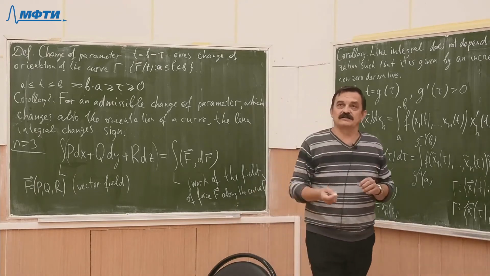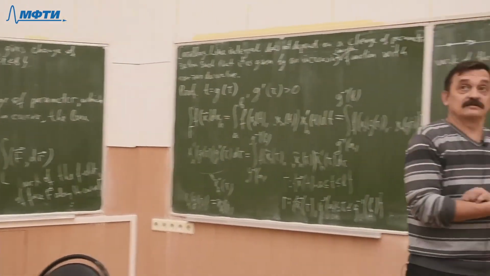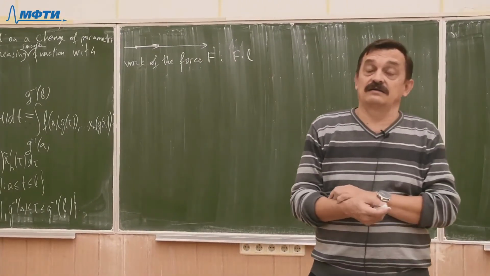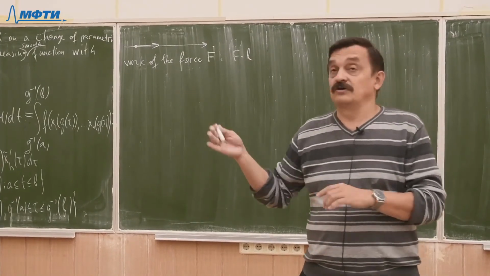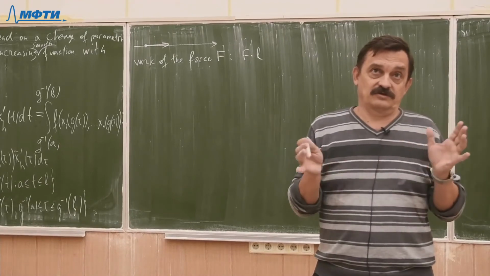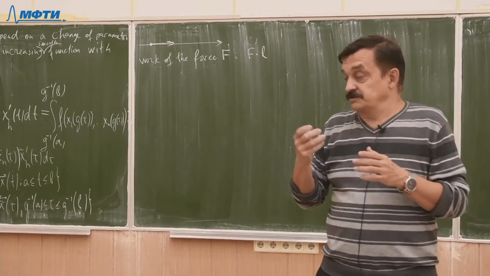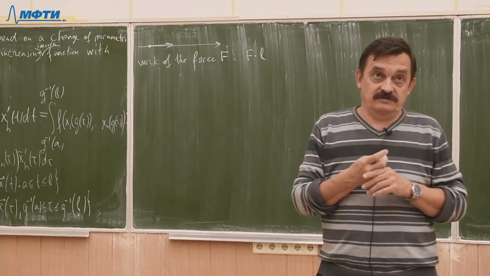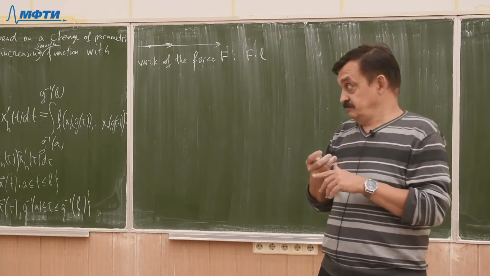That is the physical meaning of the line integral. That is why usually all those 3 integrals should be considered together, because it makes no sense to consider just one coordinate of one object.